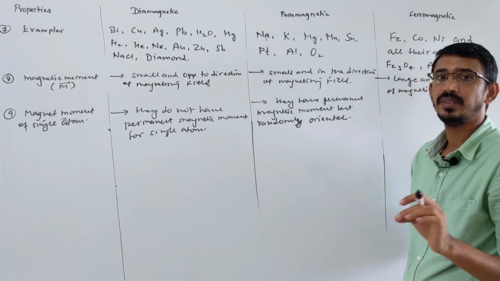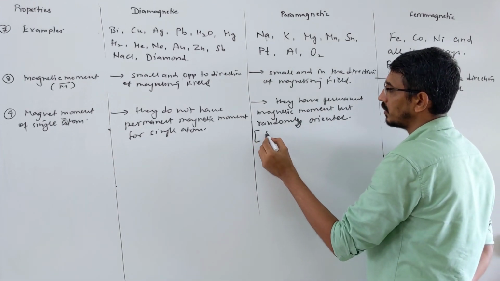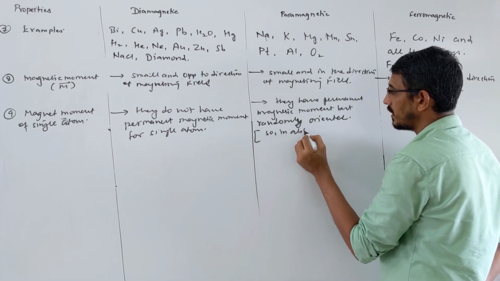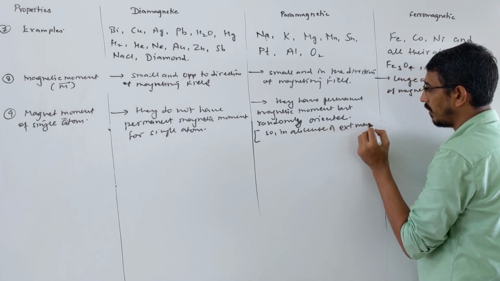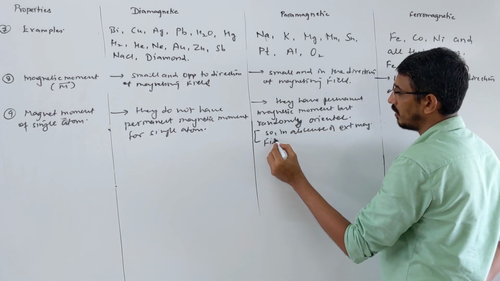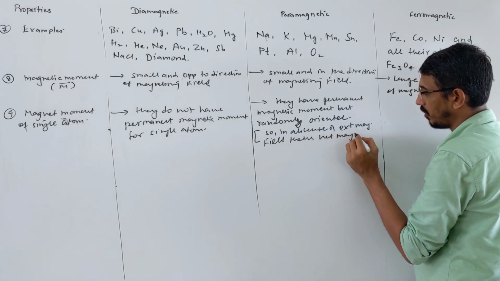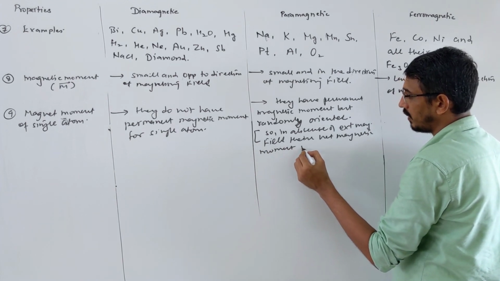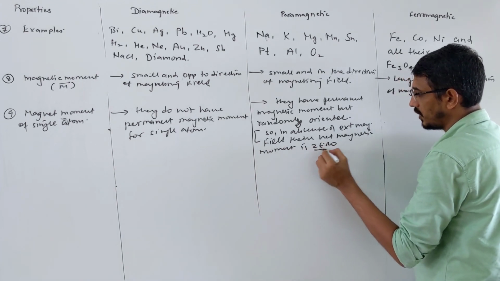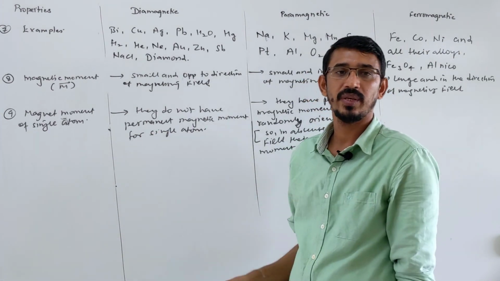They have small ones, but randomly oriented. So I'm writing a very important point here: in the absence of an external magnetic field, their net magnetic moment is again zero only. Here also zero only, permanently zero. They don't have a permanent magnetic moment.